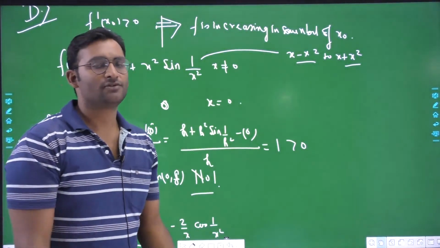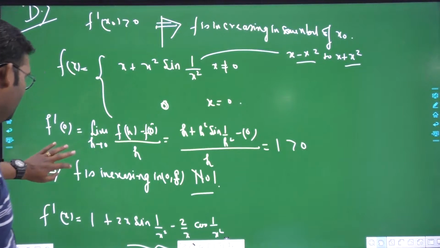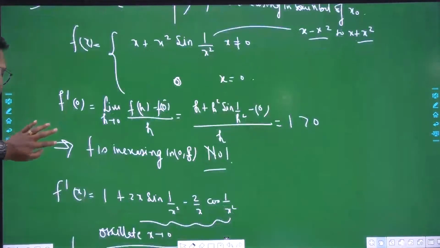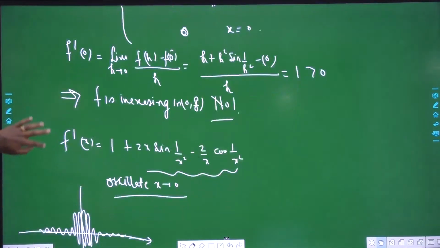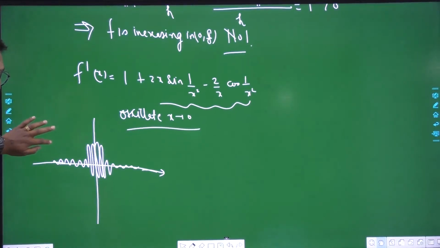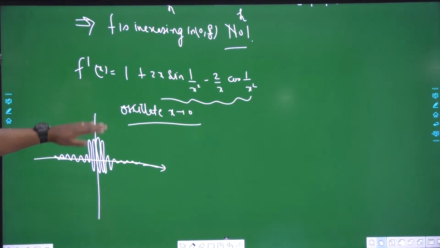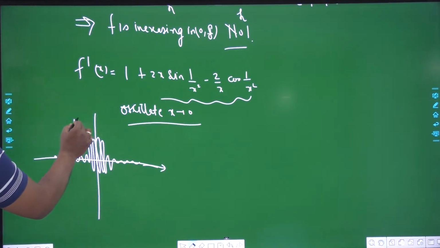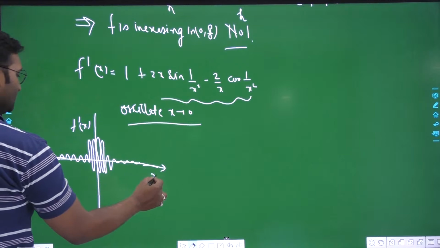And in the neighborhood of (0, 0), you can clearly see that the graph of this particular function will oscillate, and since it will oscillate, I cannot say whether this is your f dash x. This is your f dash x versus x.